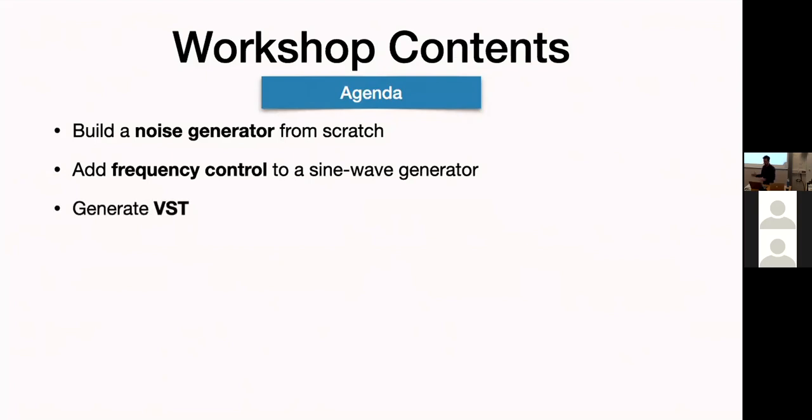Then from this application that you made, we can generate a VST quite easily. And then finally, we are going to go towards building a Flanger plugin. And it depends on your level of experience with C++, how far you get with this, but all the steps will be on the slides, which will also be put on the conference website afterwards. So you can look at this at your own time. But let's see how far we get. There's a lot of ground to cover.